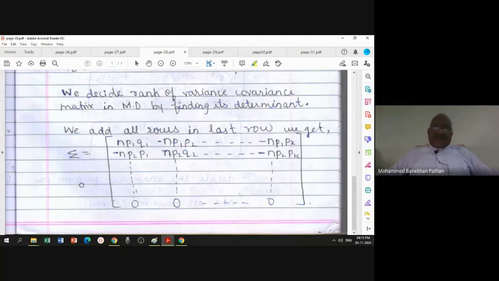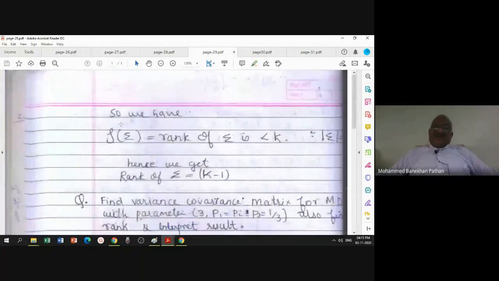Now if I find the determinant by taking this as my evaluative row, 0 multiplied by the remaining determinant, so you easily get the determinant of the variance-covariance matrix as 0.